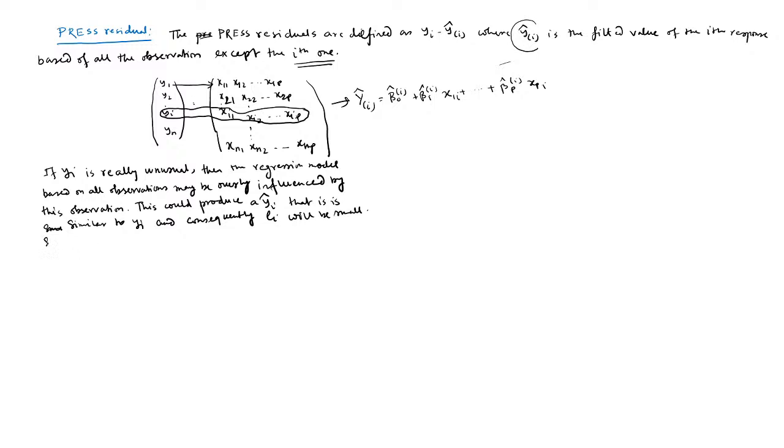So it is difficult to detect any outlier.